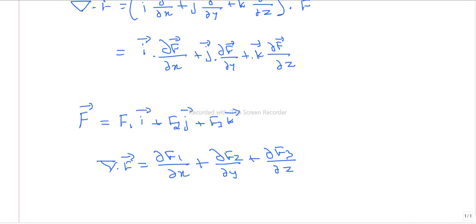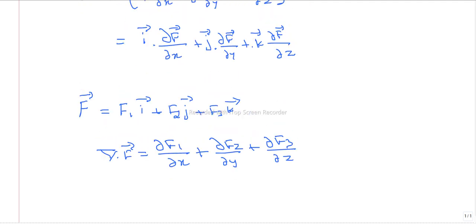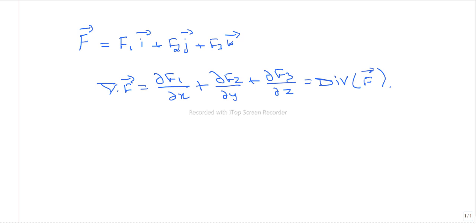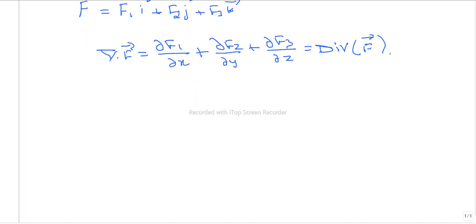So this is the divergence of the vector point function f. Here, in the dot product, term by term you have to multiply, differentiate and then add. Very simply, we can write divergence of f, sometimes div of f vector, is del dot f. Suppose del dot f is 0, then we say the vector is a solenoidal vector.